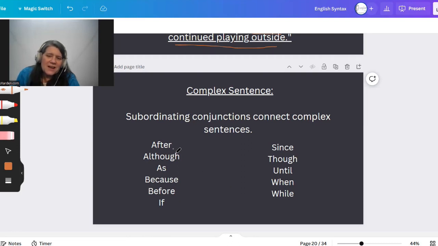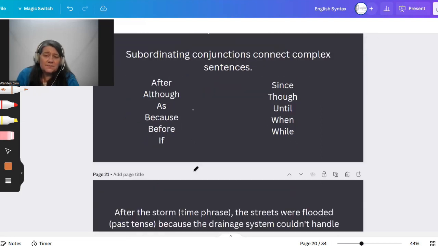We have after, although, as, because, before, if, since, though, until, when, and while. These are very common subordinating conjunctions.